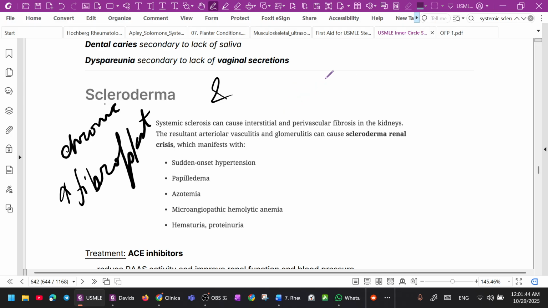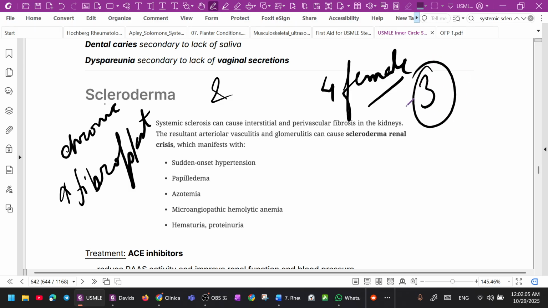We know that scleroderma, or systemic sclerosis, is four times more common in females than males. There are multiple patterns of this disease, but three patterns are very important.